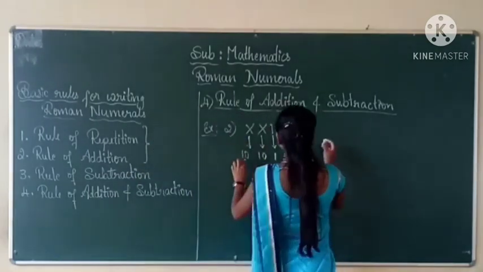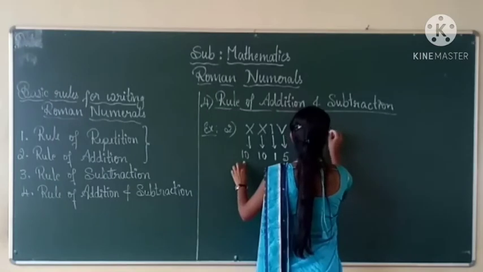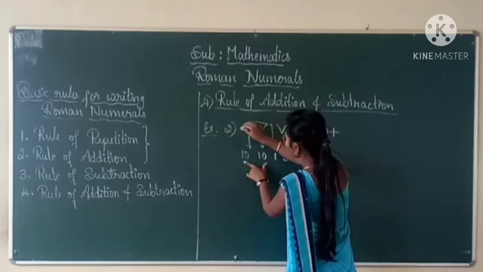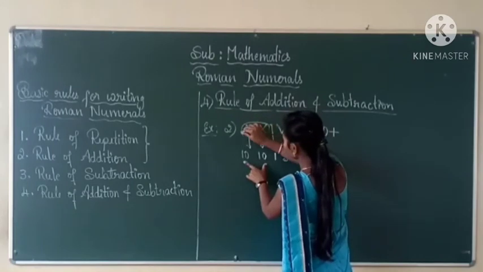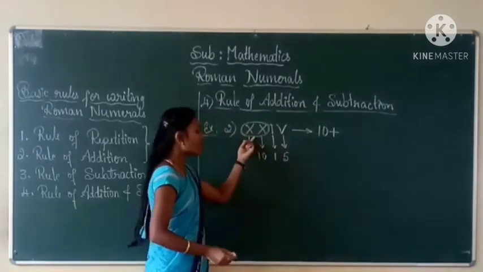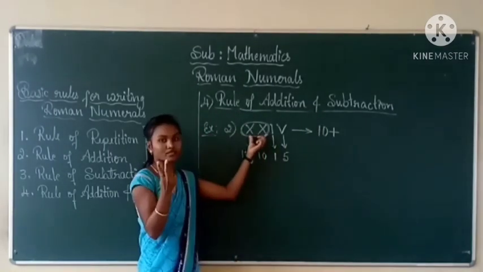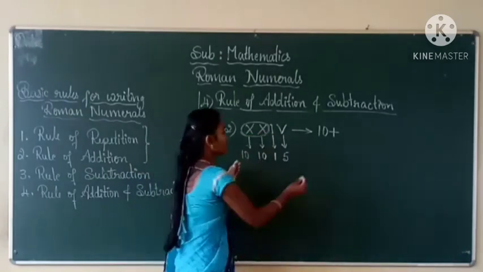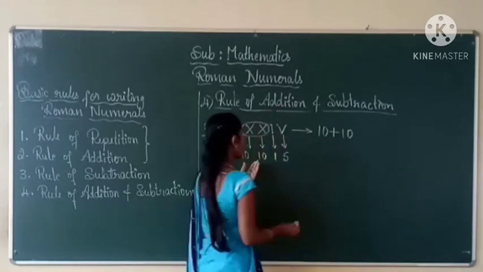So X stands for 10 and write the symbol of plus because it is rule of repetition. We have to use the rule of repetition because here we have repeated X 2 times. That means we have to add. Therefore 10 plus 10.